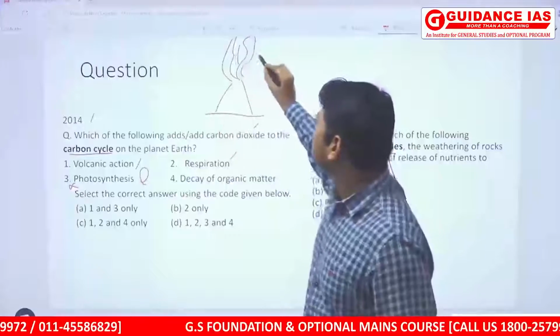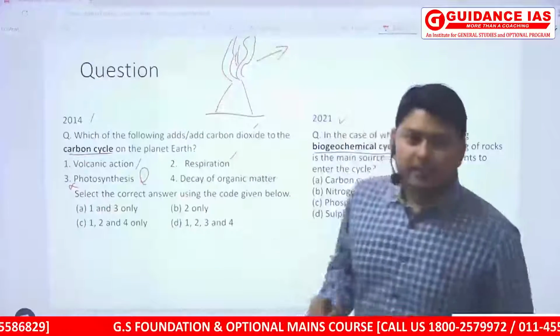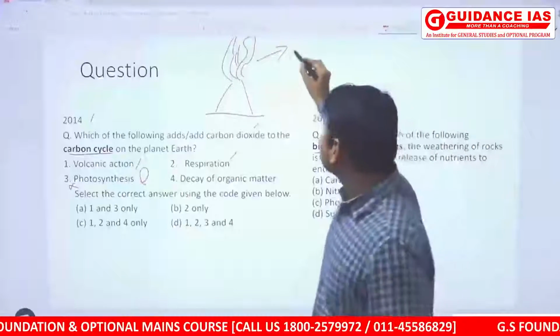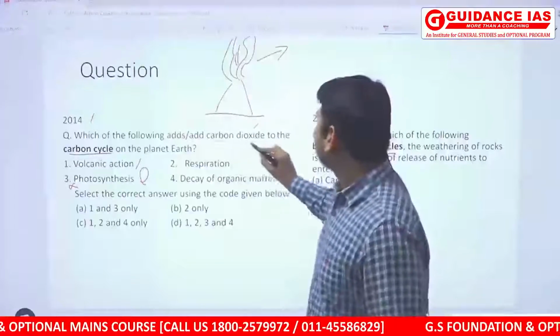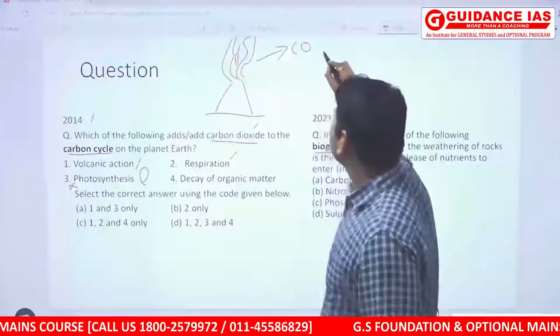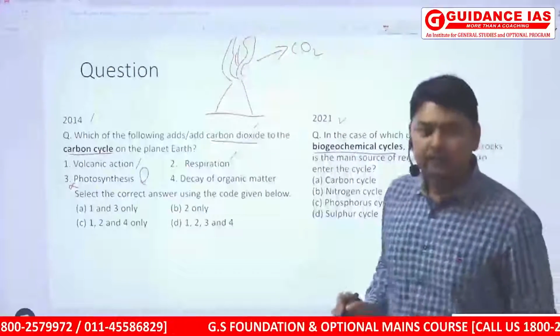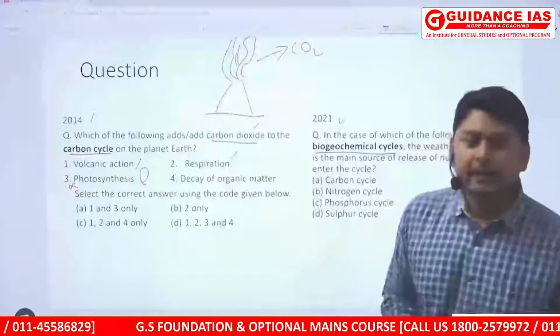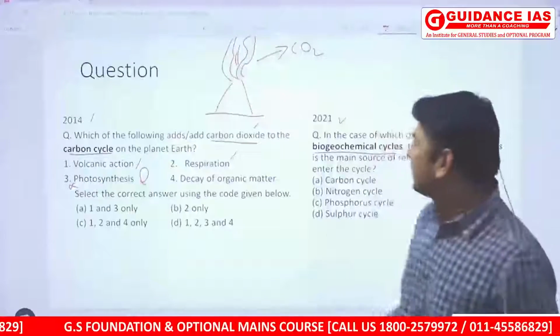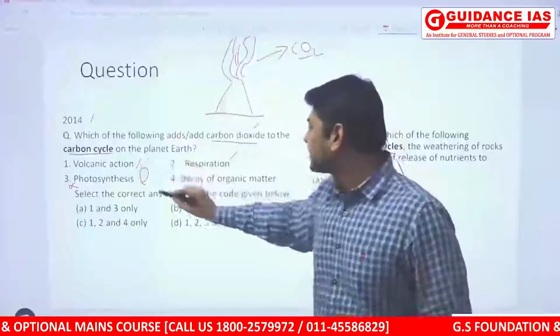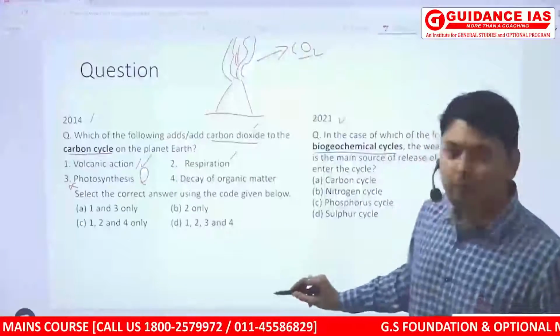So what are the contents of these gases and ashes? One of the components is carbon dioxide. It also includes oxides of sulfur, oxides of nitrogen, etc. But it also includes the oxides of carbon. So this is a correct option.